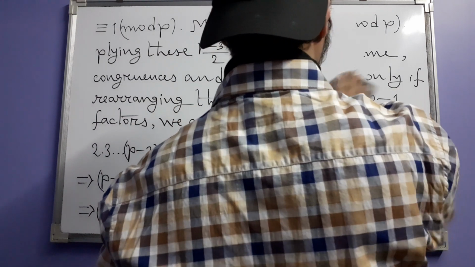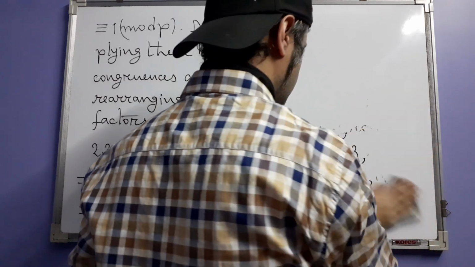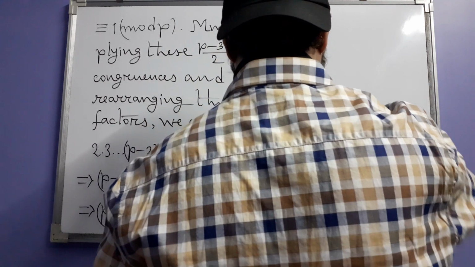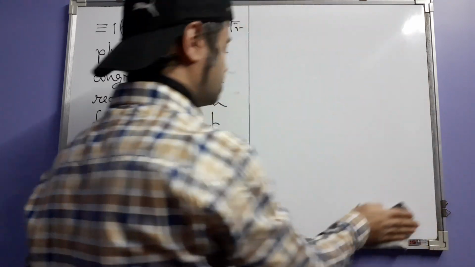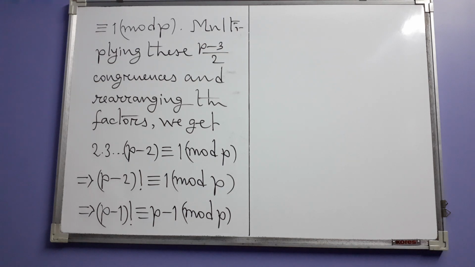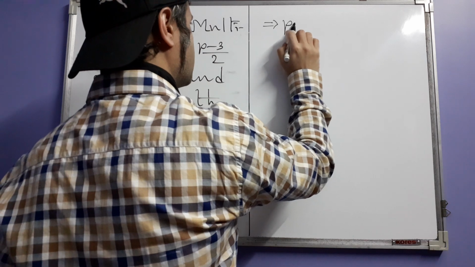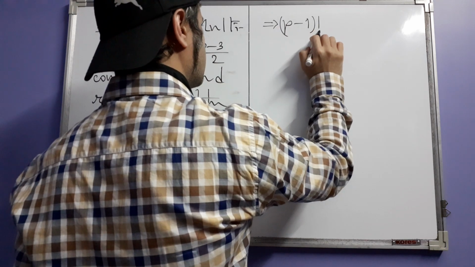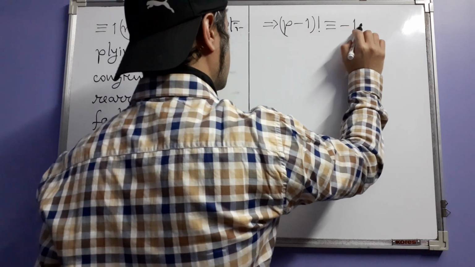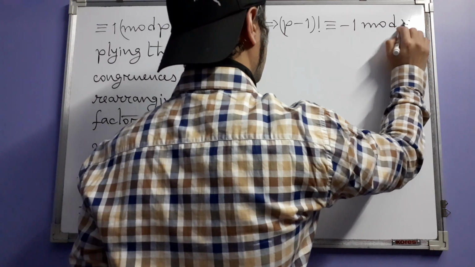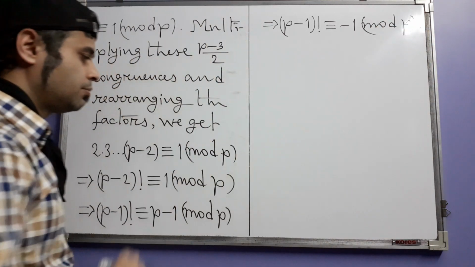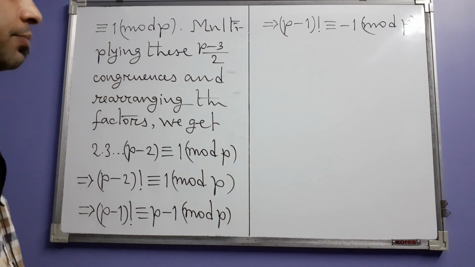Just one more line. That is the proof of Wilson's theorem.